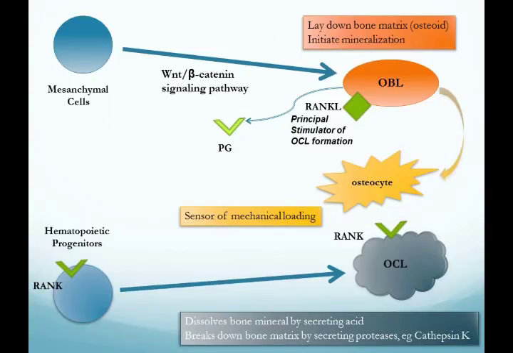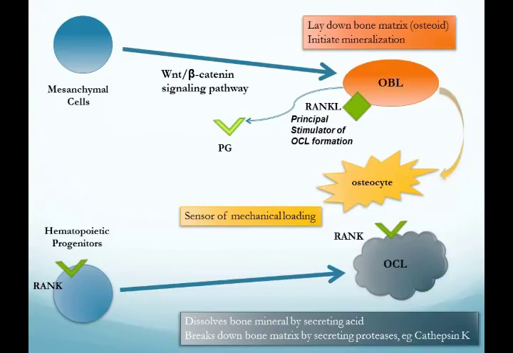This molecule is a soluble receptor for RANK ligand. So it kind of scavenges some of the RANK ligand and prevents it from attaching to its receptor on the osteoclast. Before it has a chance to do it, it's taken out of the equation, and therefore you kind of dial back down on the activity of your osteoclast and on your bone resorption.